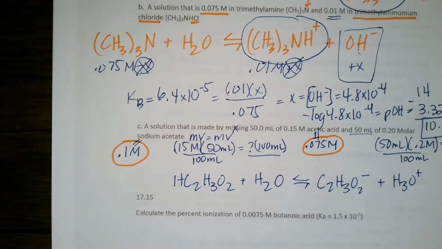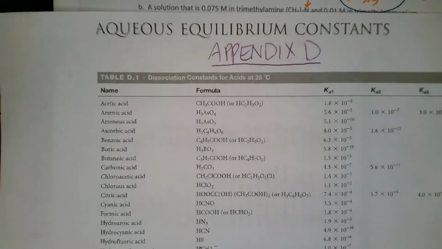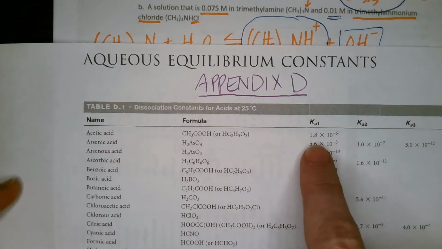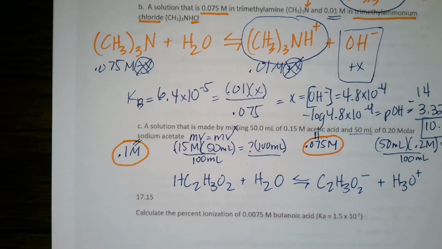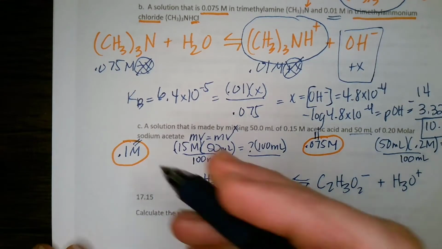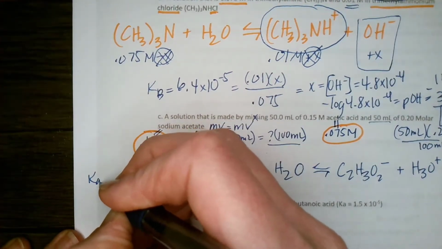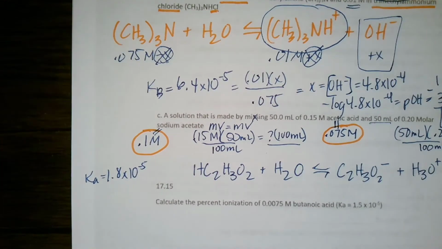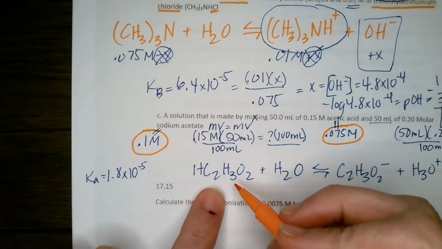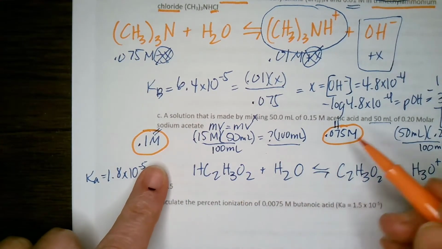All right. So I'm going to look at my appendix D and look up acetic acid because it didn't give me the Ka for it. So acetic acid's Ka is 1.8 times 10 to the negative 5. So let's write that over here to the side somewhere. Ka is 1.8 times 10 to the negative 5.